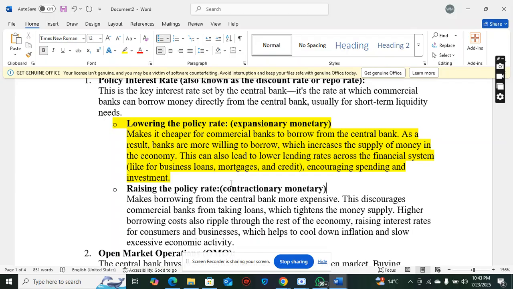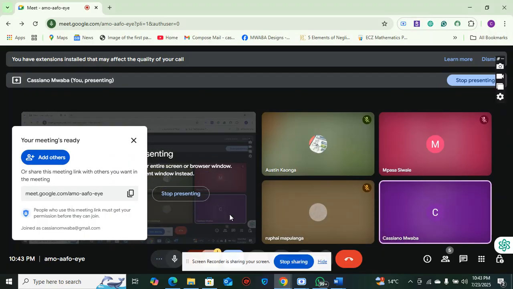Or if a commercial bank borrows at that high interest rate from the central bank, what do you think will happen to the interest rate they will charge you? They will charge you a higher interest rate, right? Higher than what they borrowed. Okay. Yes.